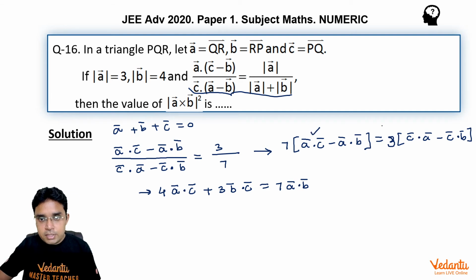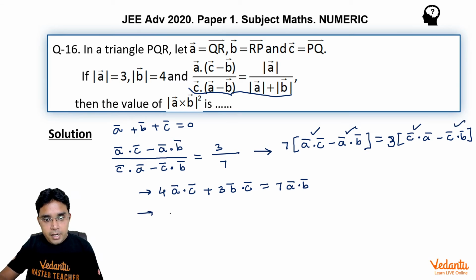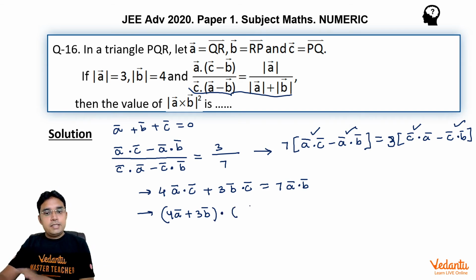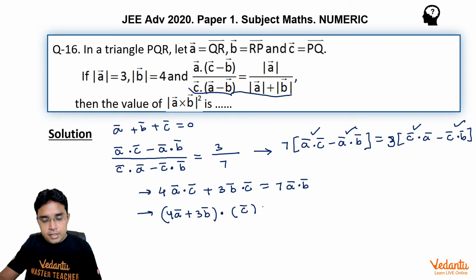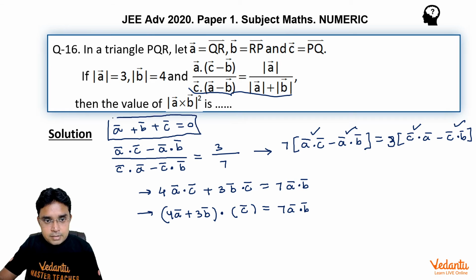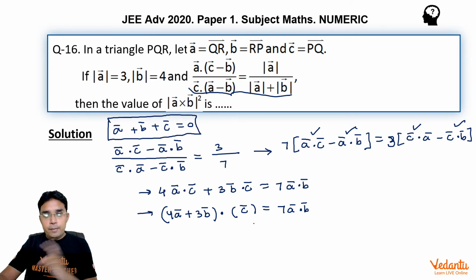So A dot C has been taken care of, A dot B has been taken care of, C dot A is taken care of, and B dot C is also taken care of. Now we can write here that (4A plus 3B) dot C, because C is coming common, is equal to 7 A dot B. Now using the relation which we proved on the previous slide, C can be written as minus of (A plus B).